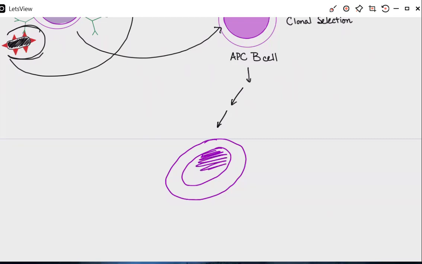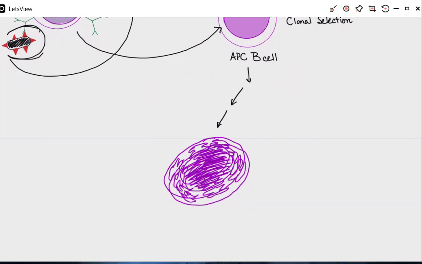Plasma cells have a lot of endoplasmic reticulum because they make huge amounts of protein. In fact, if you have my workbook, on the very back, there's a watercolor drawing of a plasma cell, and it's all endoplasmic reticulum. And we're going to go ahead and make thousands of these.